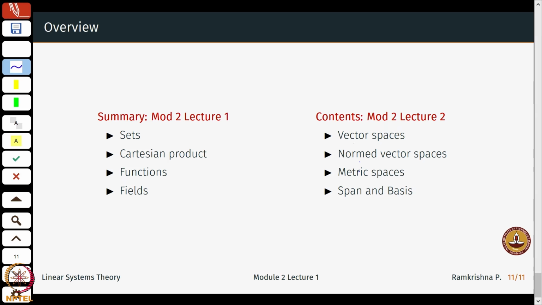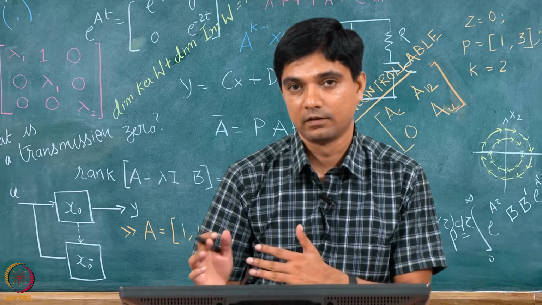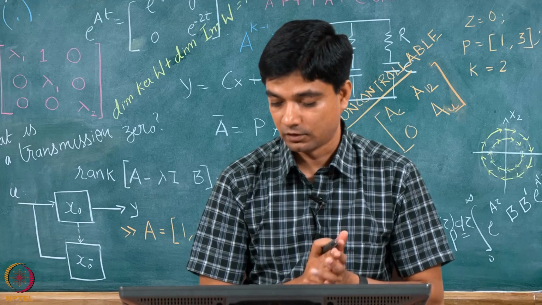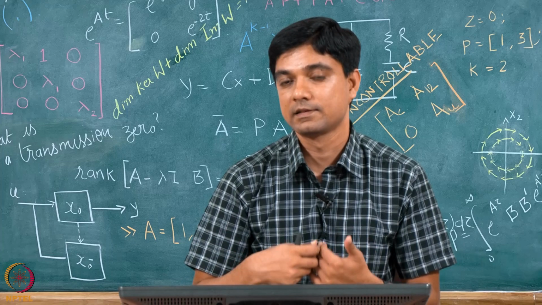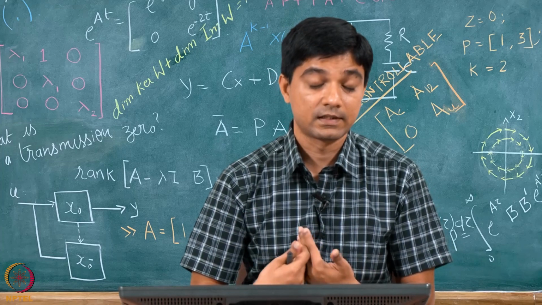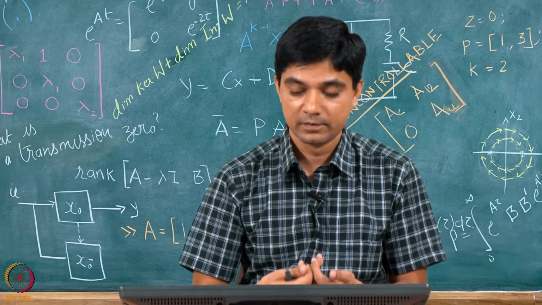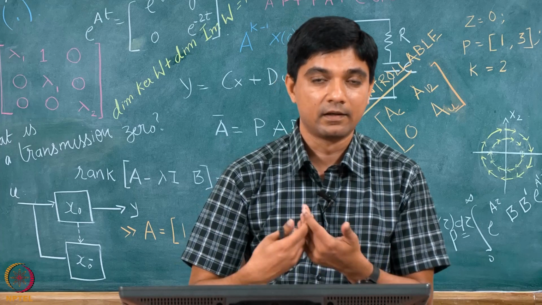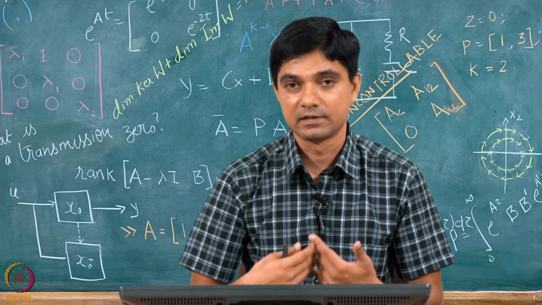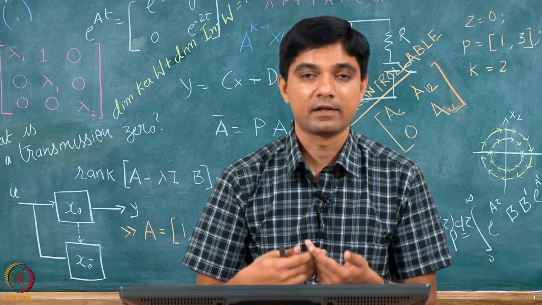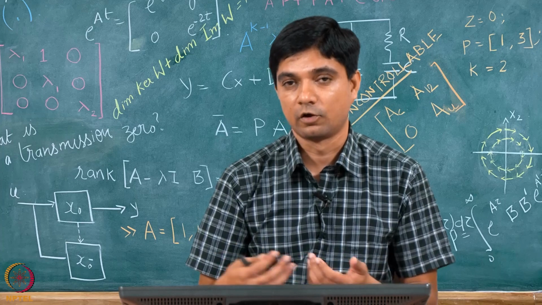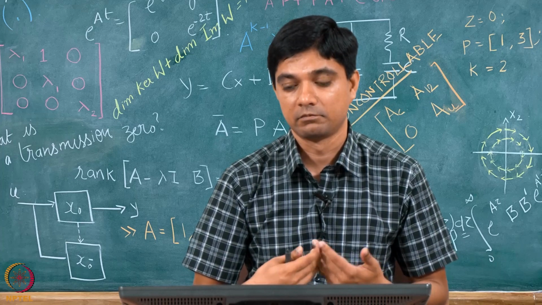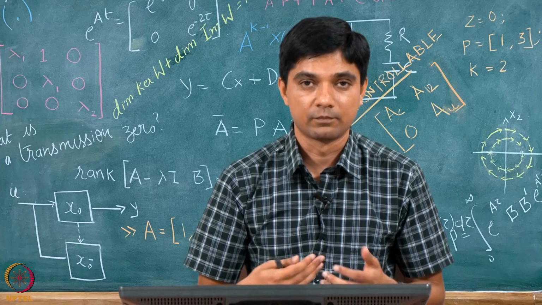Again, you would have done this in some form or the other, maybe in your electromagnetics course or any other related course, but we will learn this a little more formally and generalize it, not restricting ourselves to 2 dimensions or even 3 dimensions, but going to n-dimensional spaces and seeing how we formally define elements on those spaces and what the corresponding operations are that we can perform on those.